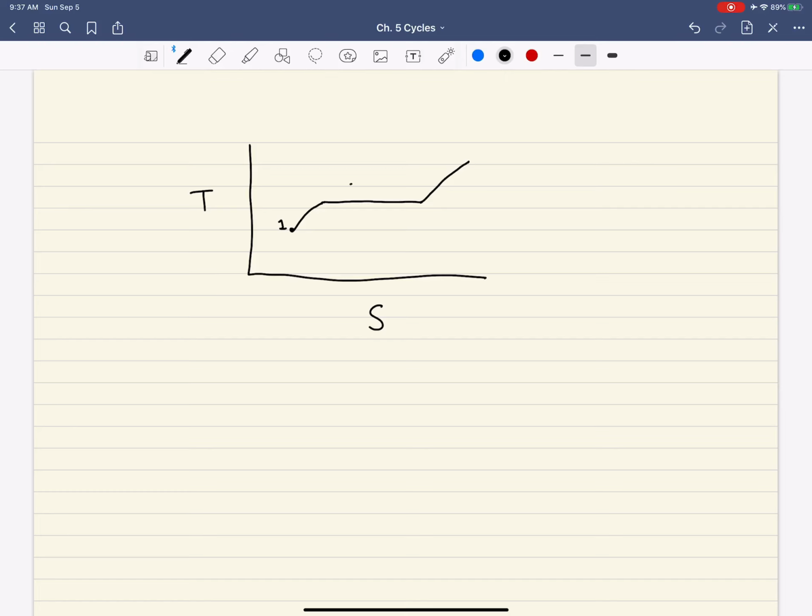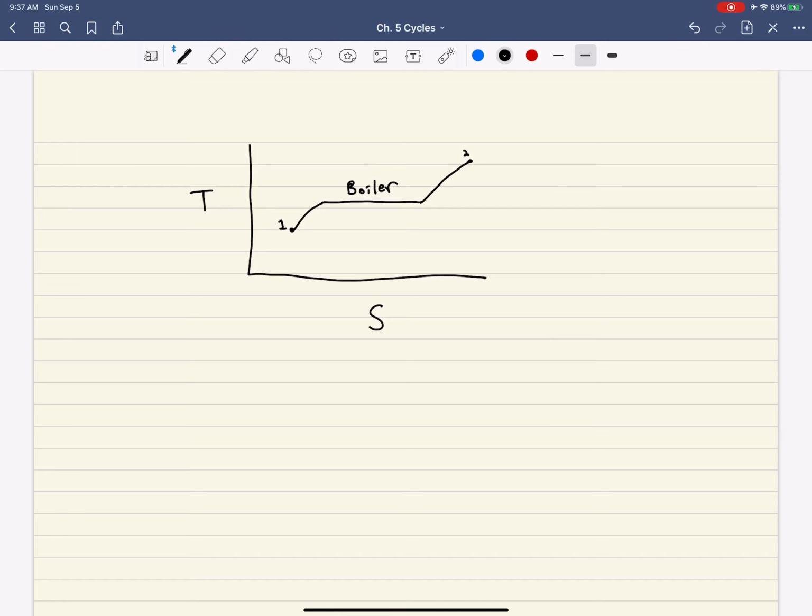Right? And so this plateau that we see here, this is when something starts boiling, it just stays at the boiling point temperature. So that's why that temperature plateaus. And then once all the liquid becomes vapor, it then starts increasing its temperature again. Okay? So this is the boiler step.